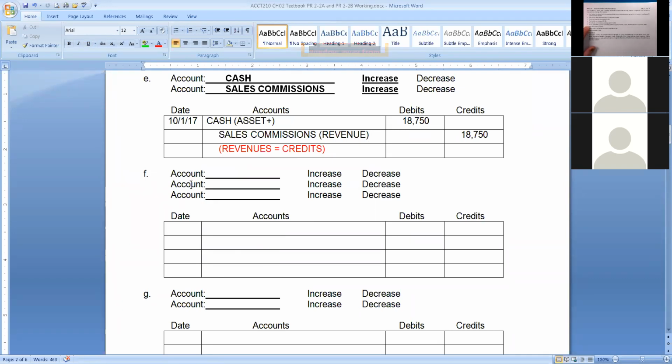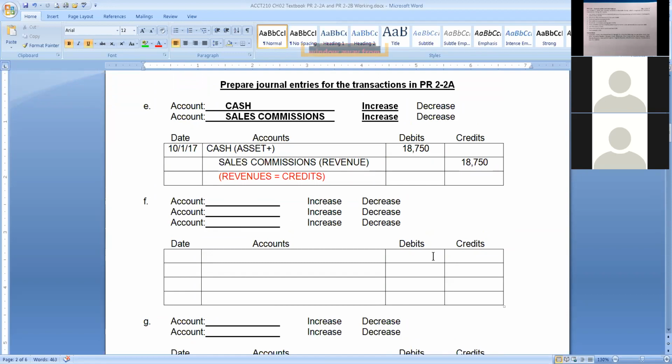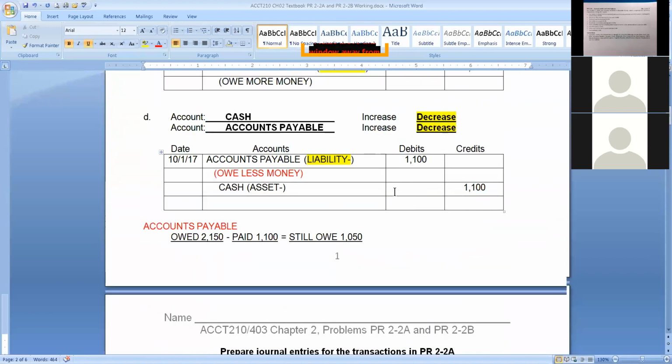Okay, so paid automobile expenses. What do we pay with? Cash. Yep. So paid with cash, it's going down. We paid them. And let's go up to the top.